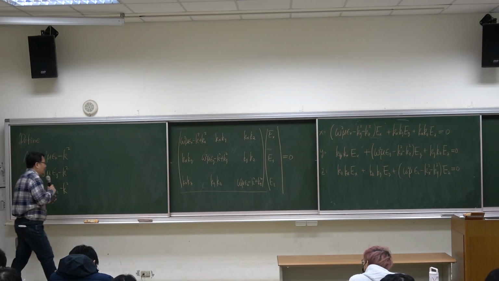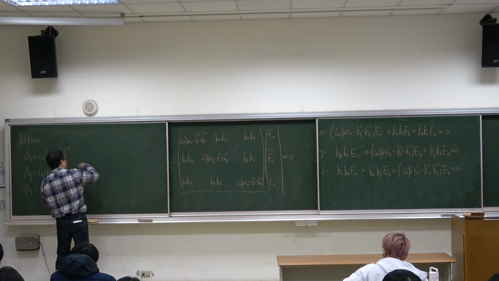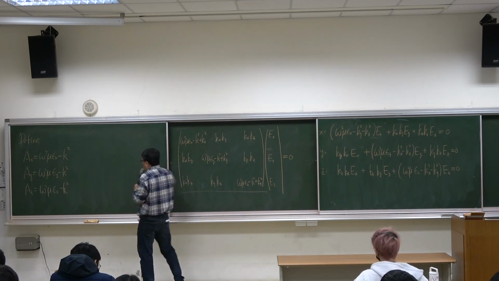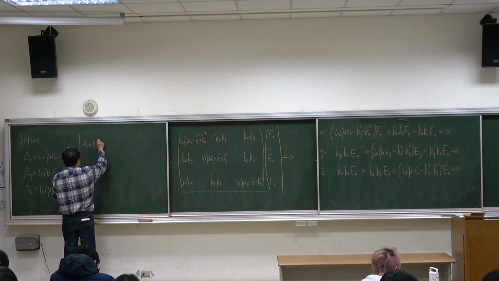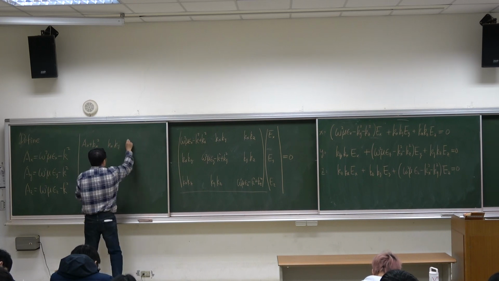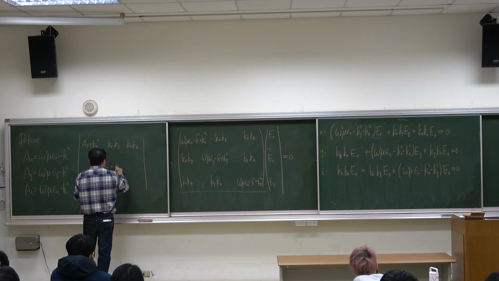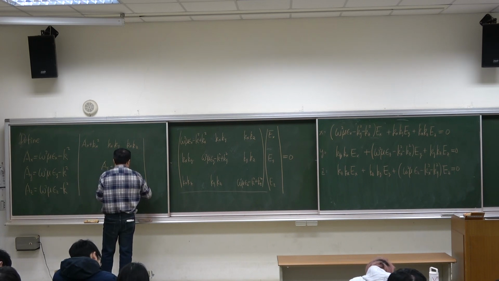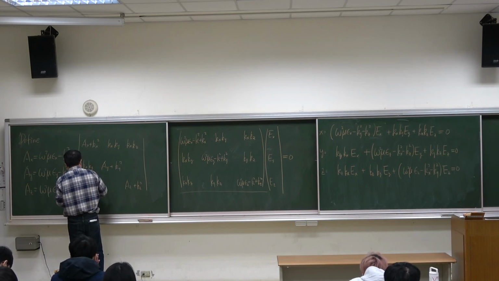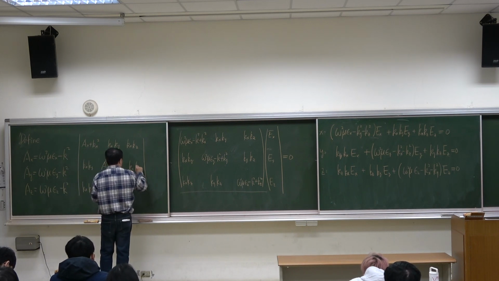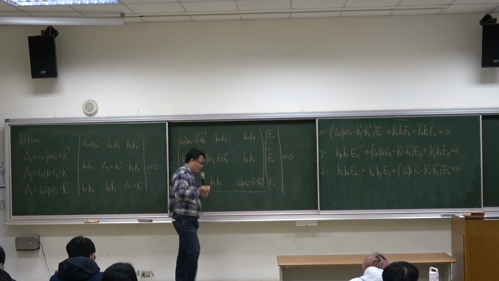These are just three different quantities. So once I use this notation, the zero determinant condition can be written as: AX plus KX squared, KX KY, KX KZ; KX KY, AY plus KY squared, KY KZ; KX KZ, KY KZ, AZ plus KZ squared. The determinant is equal to 0.